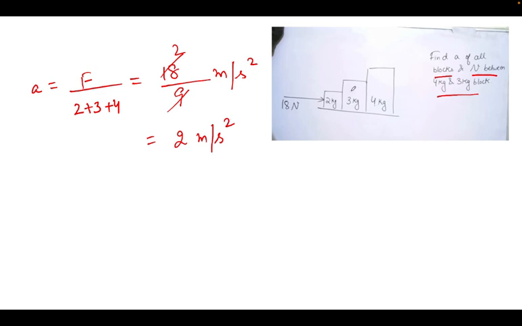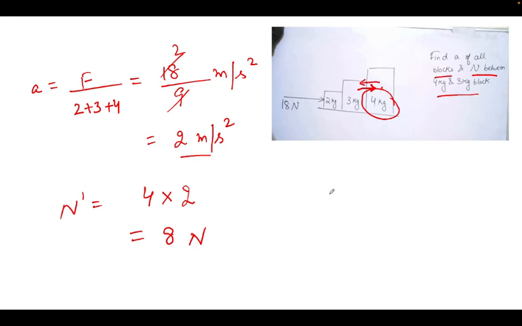Now we have to find the normal reaction, or the contact force, which the 3 kg block applies on the 4 kg block, and the same 4 kg block applies on the 3 kg block. That is n dash, which on the 4 kg mass is 4 into the acceleration, that is 2. So it is equal to 8 Newton.